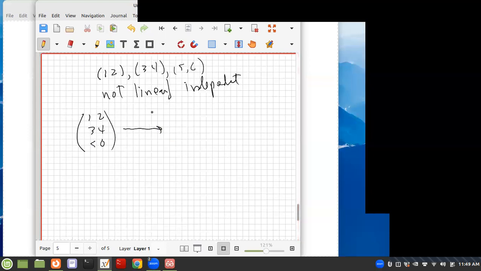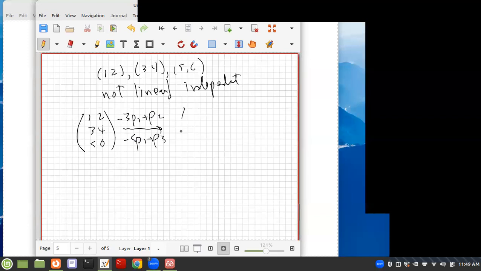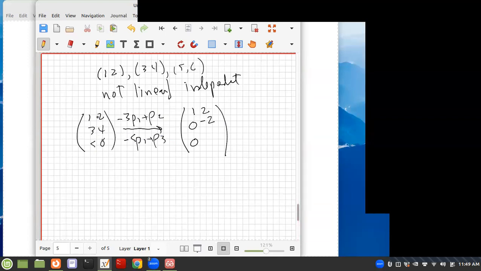Let's apply directly: we can do -3 row 1 plus row 2 and -5 row 1 plus row 3. So this matrix here, you have 1, 2. I get 0 there, but I have -3 times 2 is -6 plus 2 is -2, and then -5 plus this is 0, and -5 times 2 is -10, -10 plus 6 is -4.